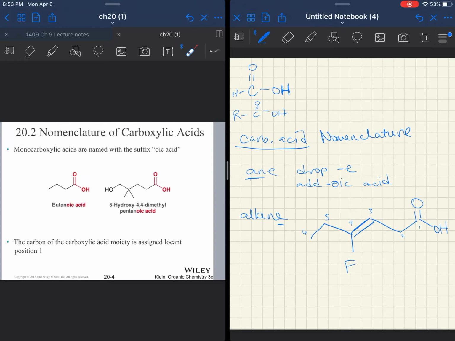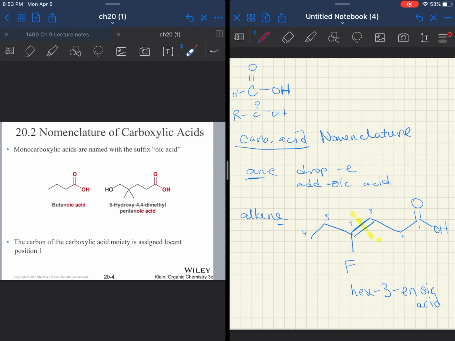So this is a hexanoic acid, but it has an alkene in it. So it's from hexene, not hexane. So this is a hexenoic acid. We do need to say where the double bond is. It's at carbon 3. It's a hex-3-enoic acid. You don't ever have to say where the oic acid is because it's always going to be on carbon 1.